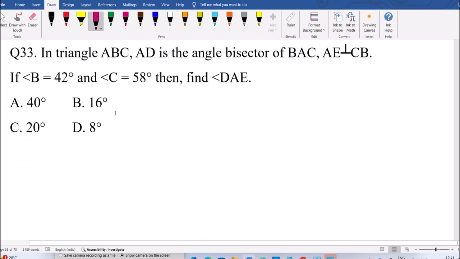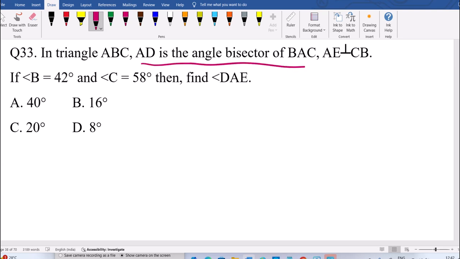Now let's see about this. Angular bisector means it will divide into two equal angles. ABC is a triangle. AD is angular bisector of angle BAC. Means AD will divide that angle A into two equal parts.